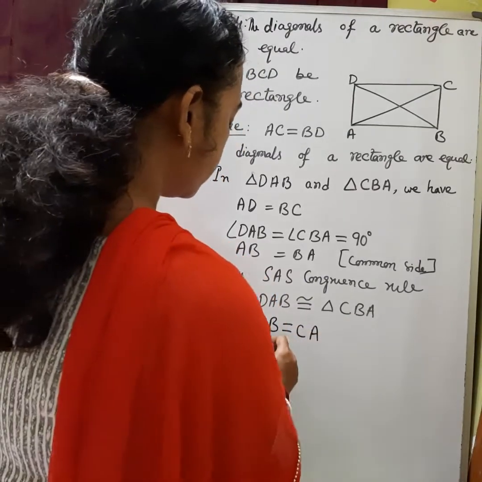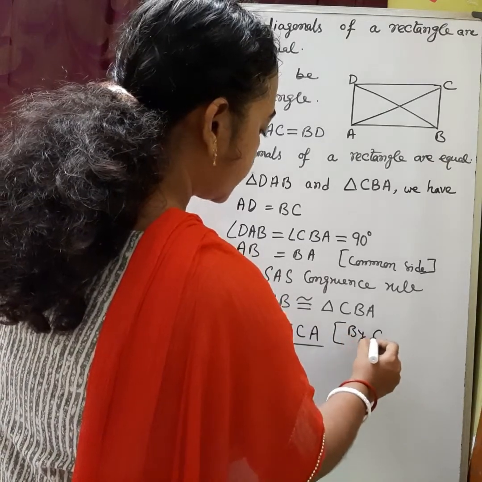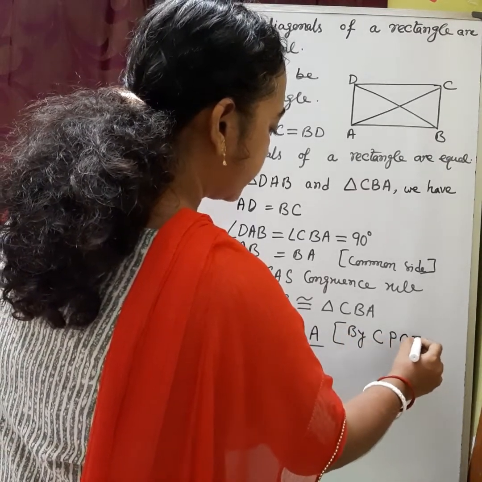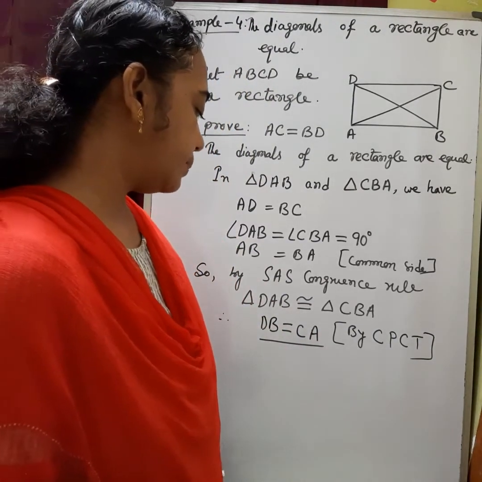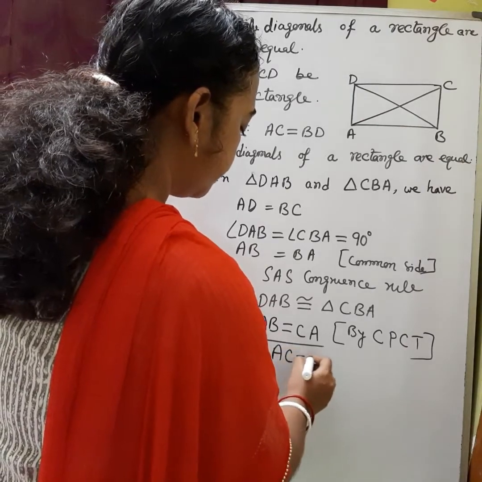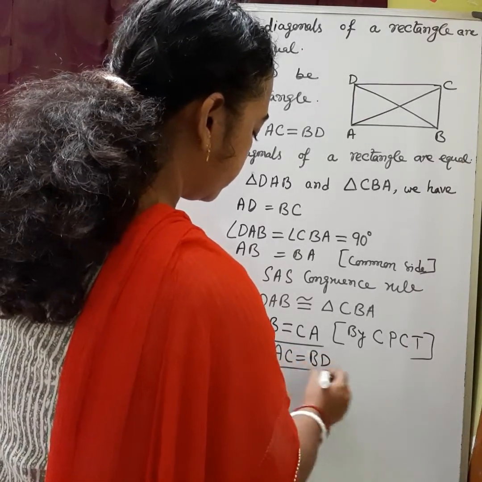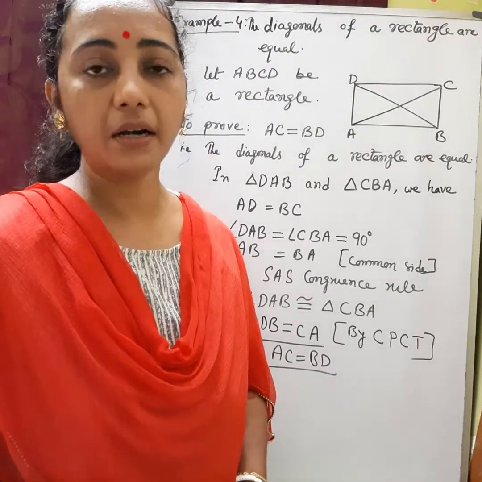So by CPCT, that is corresponding parts of congruent triangles are equal, we can write that DB is equal to CA, that is AC is equal to BD. So this shows that the diagonals of a rectangle are equal.